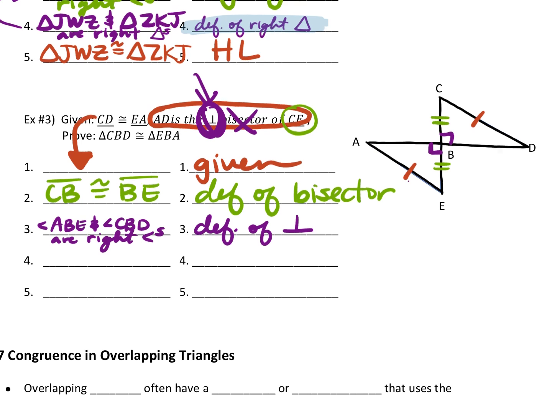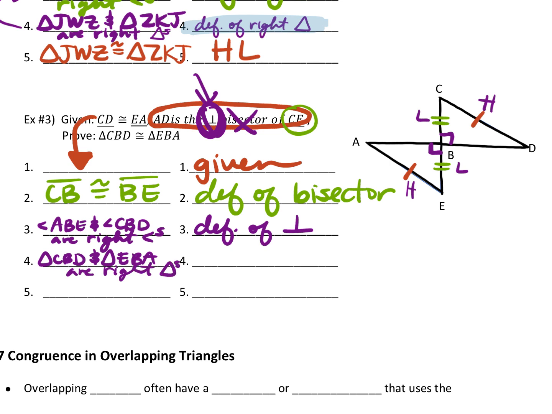And we have congruent hypotenuses. And we have congruent legs. But we need one more thing. Right angles lead us to right triangles. So now we say triangle CBD and triangle EBA are right triangles. Why? Every time.